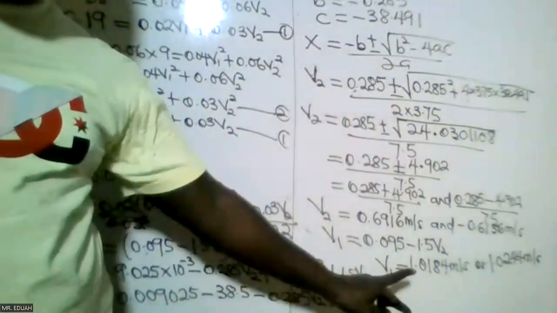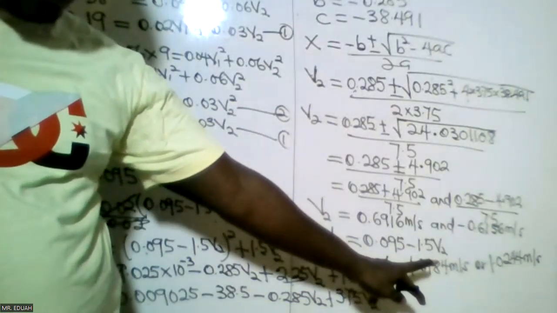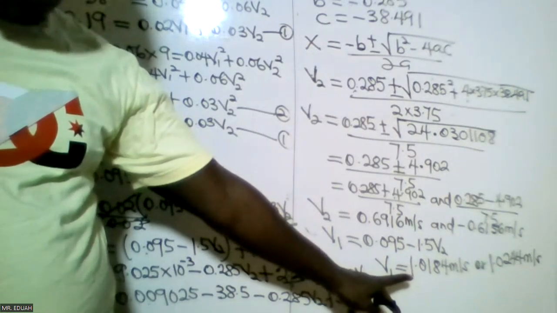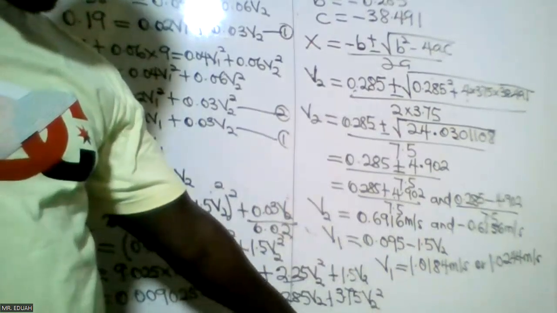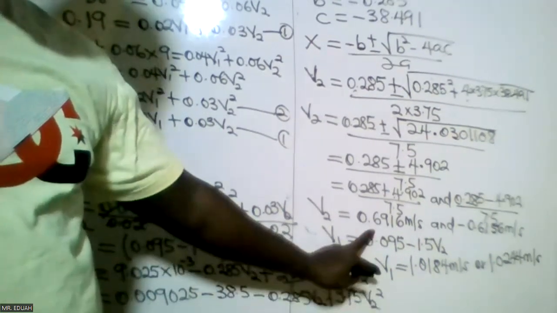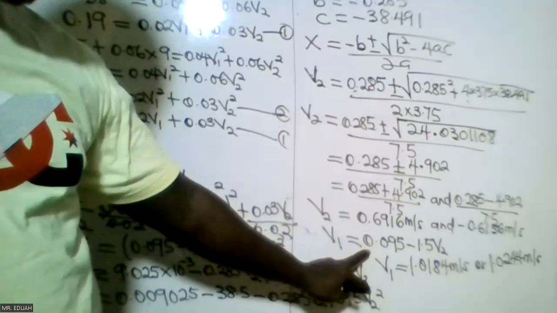Those of you who rechecked, do we have the same answer for the first value of V2?